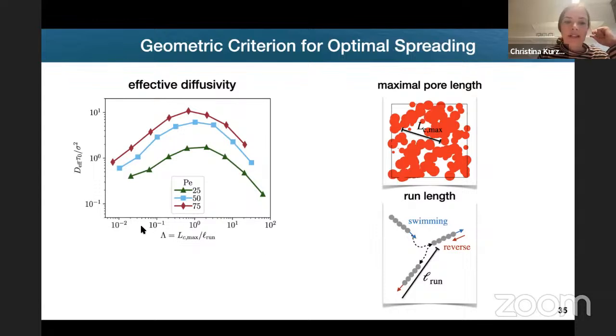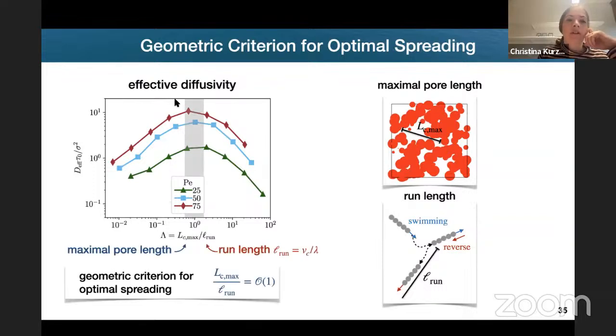And so it turns out, if we rescale the x-axis accordingly, the maximum effective diffusivity is exactly where the maximal pore length is of the order of the run length of the cells. You can imagine that in this case, the cells can explore their longest path without reversing and without getting stuck at the end.